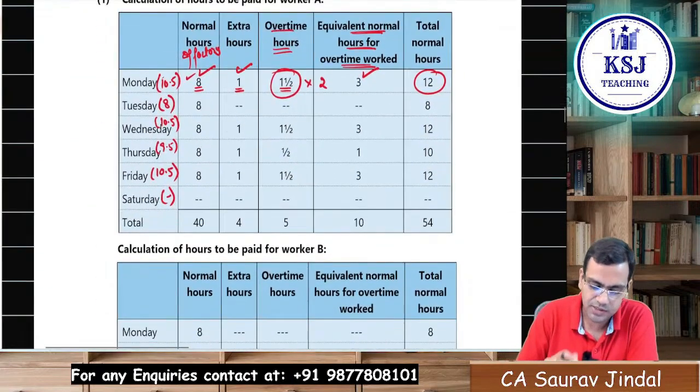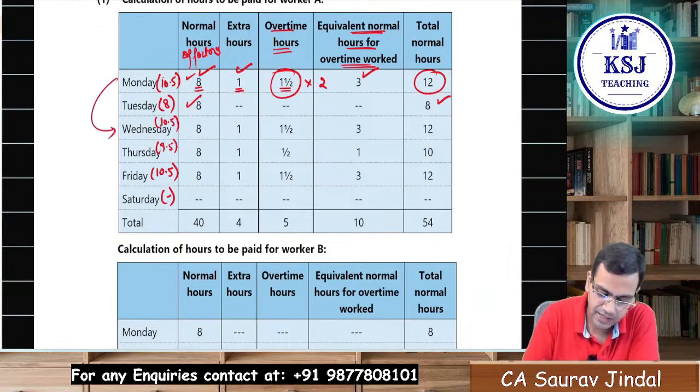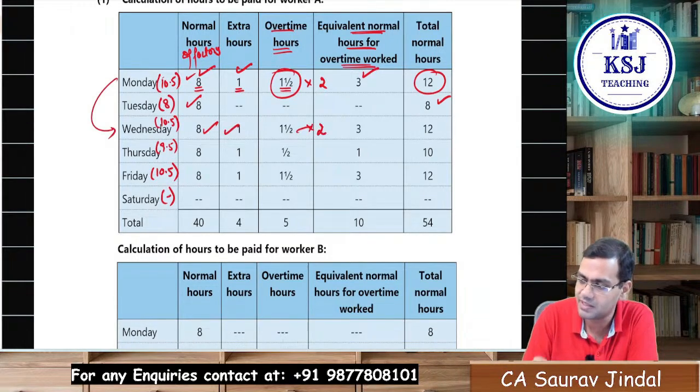Let's move ahead. Similarly for Tuesday, if he is working for 8 hours, the normal hours will be 8. For Wednesday, it will be the same as Monday: 8 plus 1 plus 1.5 multiplied by 2, so total 12 normal hours.